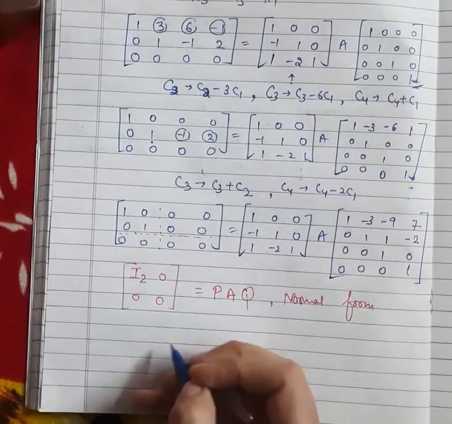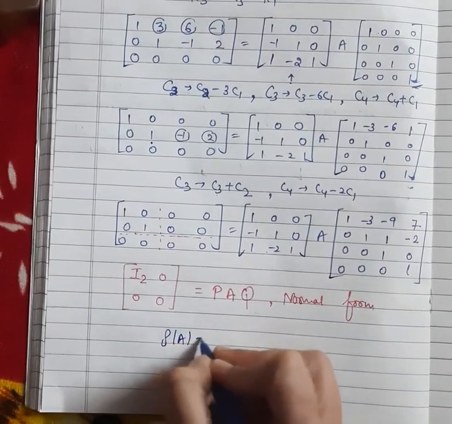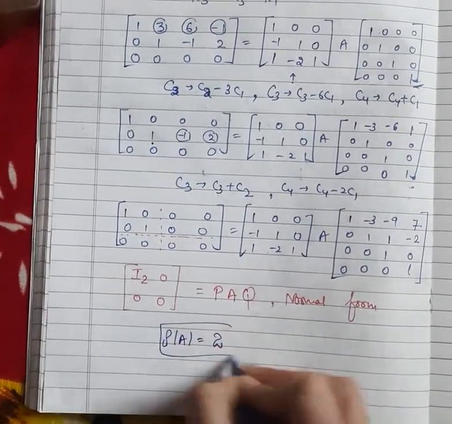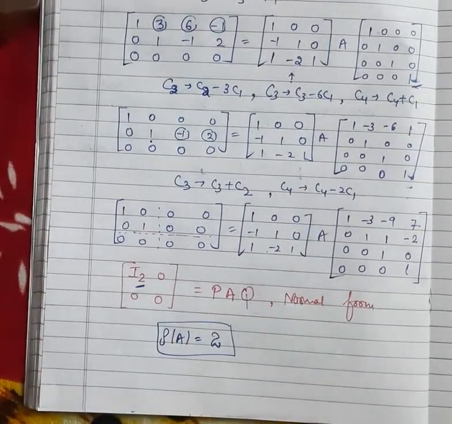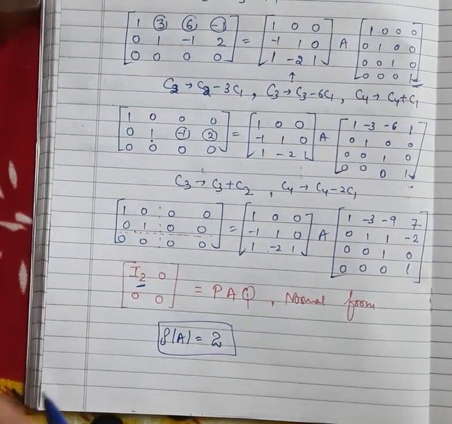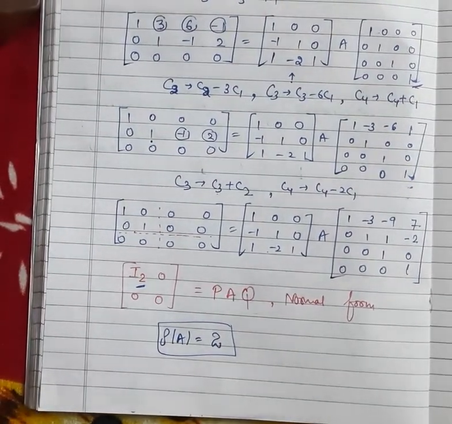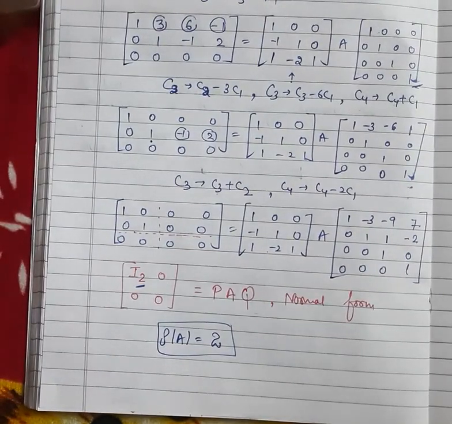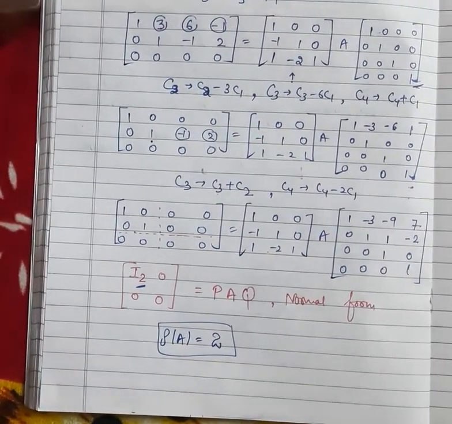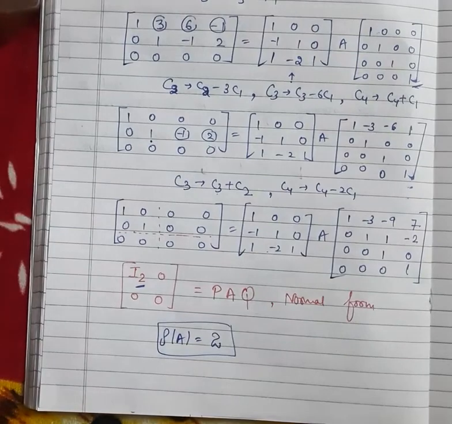According to the result, the rank of our given matrix is 2, which is given by I2. This was all about finding the rank of a matrix using the concept of normal form. Let me know if you have any doubts so that we can discuss them in our next video. Thank you.